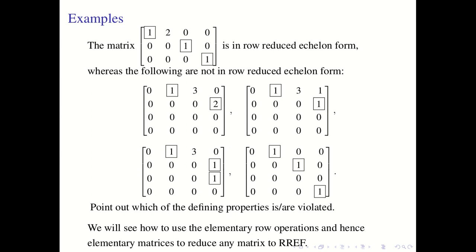So that can be done. We will explain you how to do that. After that, you come back and do elementary row operations on each of these matrices which are not in row reduced echelon form and bring it to row reduced echelon form.